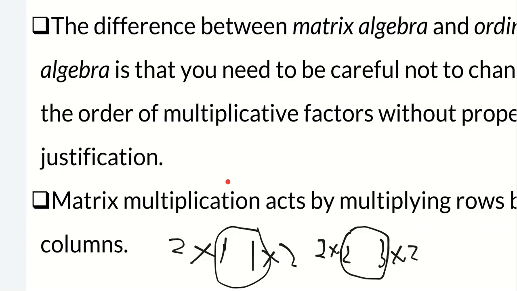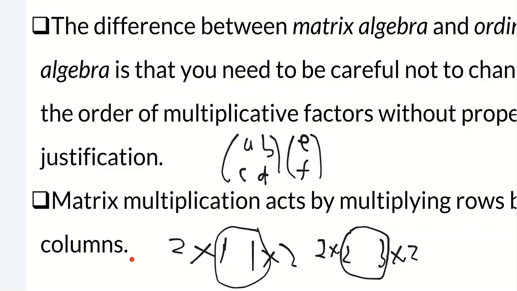We have a matrix A, B, C, D, and I showed you the demo where we multiply the row by the column. If here is E and F, matrix multiplication acts by multiplying row by column. That is what we've been doing so far.